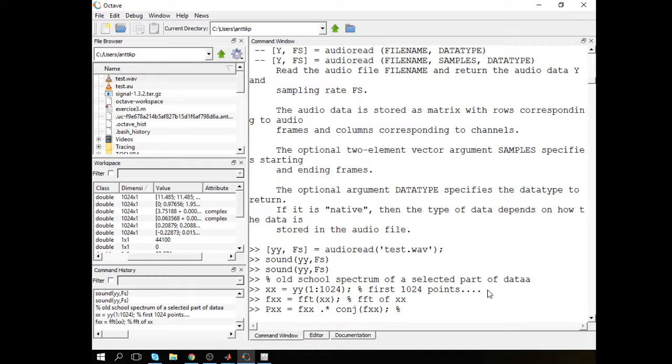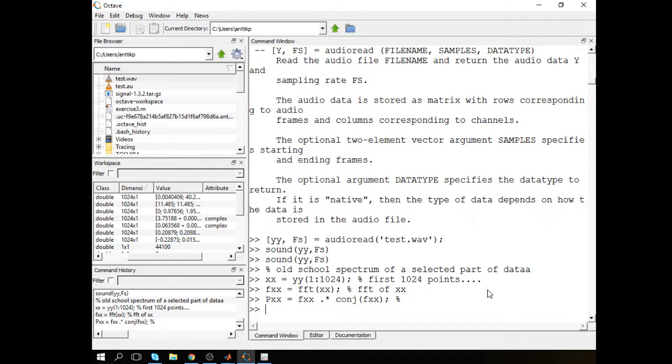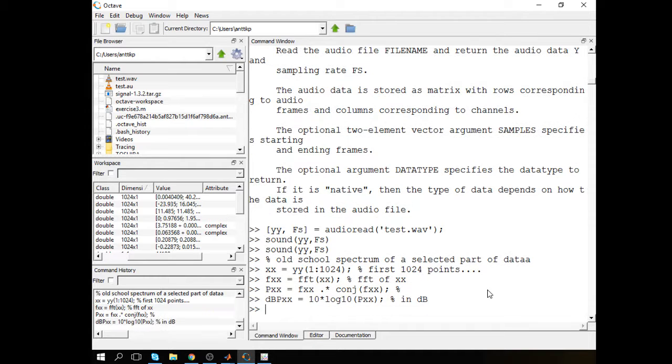But this is, you know, old school by definition. Okay, so that's the power spectrum in linear scale. But any power you ever handle, especially on the spectrum, you always handle decibels. So dB pxx equals 10 times log10 of that pxx. 10 because the pxx is already a power. Okay.